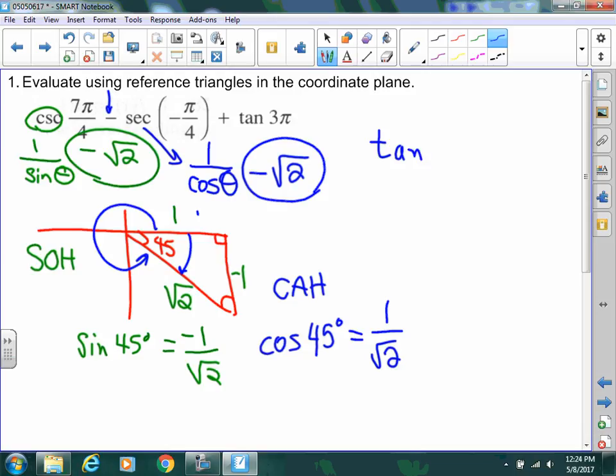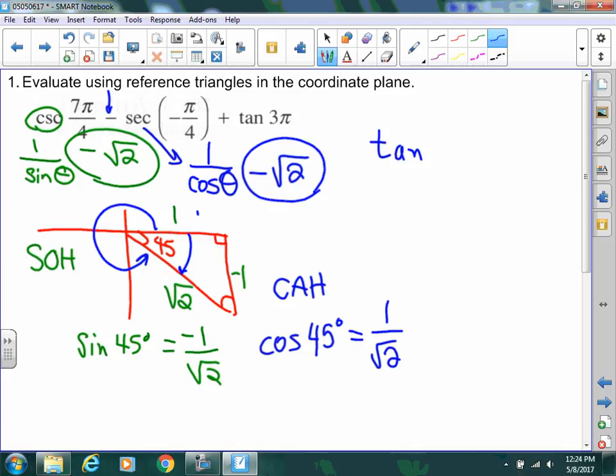Let me ask you about this first. 3 pi. Seems like there's extra pi that I don't need. I like to get rid of all the way around. If you go all the way around, how many pi is that? 2 pi, right? And so I don't really need that 2 pi, so I'm going to take the 2 pi away. And I'm just going to say tangent of pi, right? Because if I go around 2 pi, where did I go?